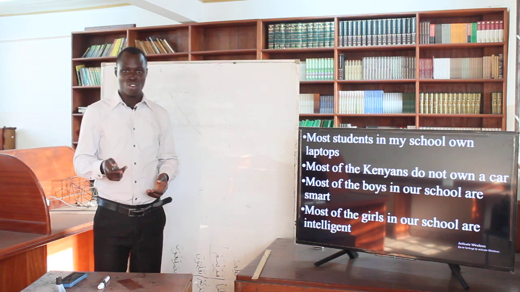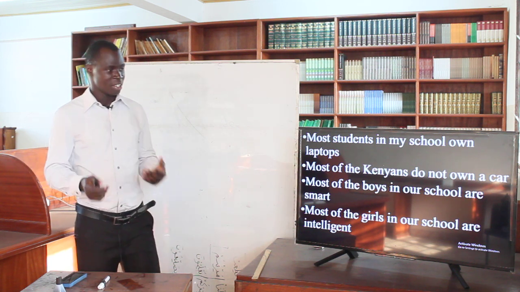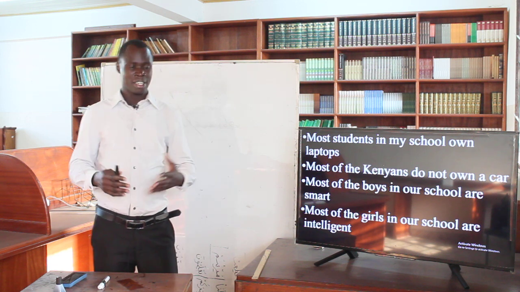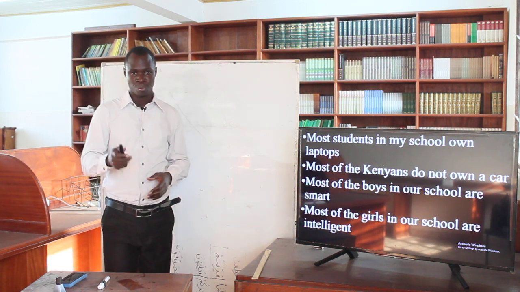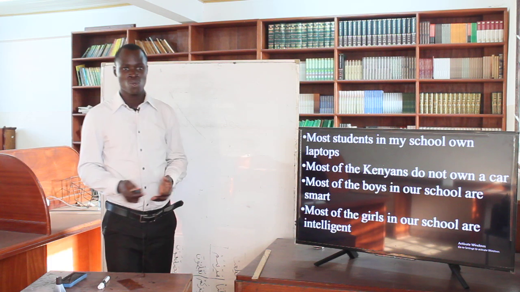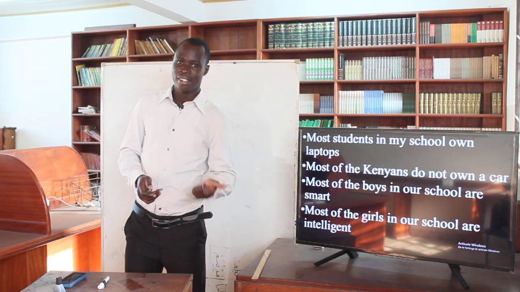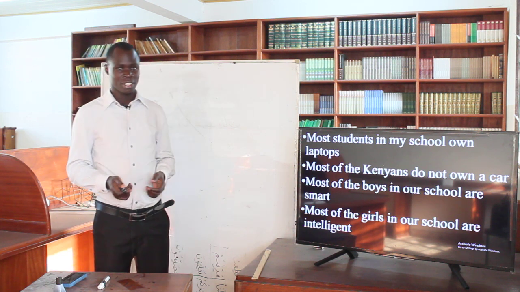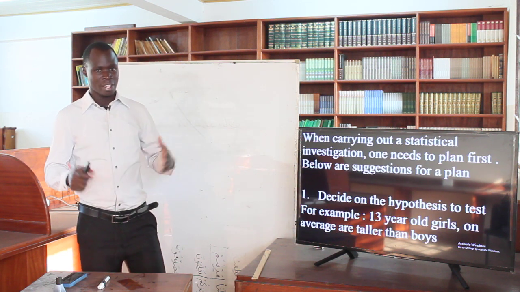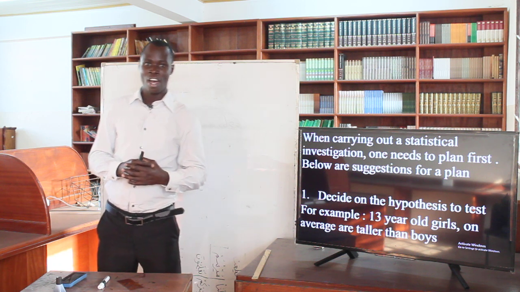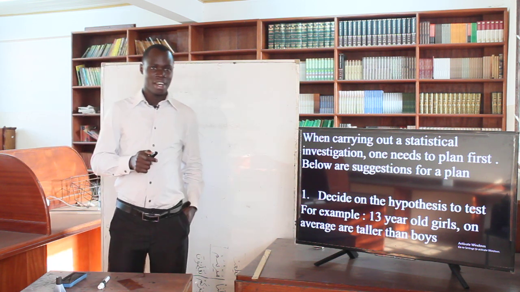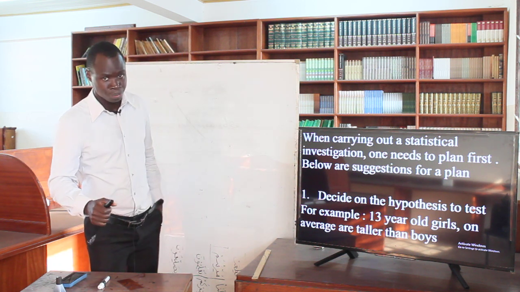Most Kenyans do not own a car. That's another hypothesis that has not been proven. Most of the boys in our school are smart. Then we have, most of the girls in our school are intelligent. So these are just examples of how you can write a hypothesis.